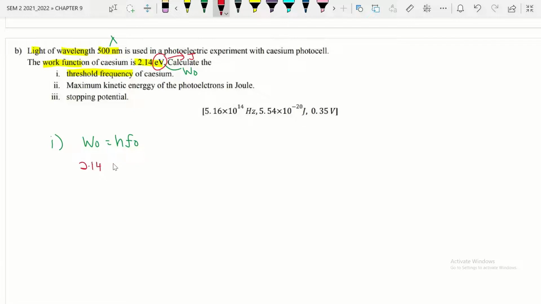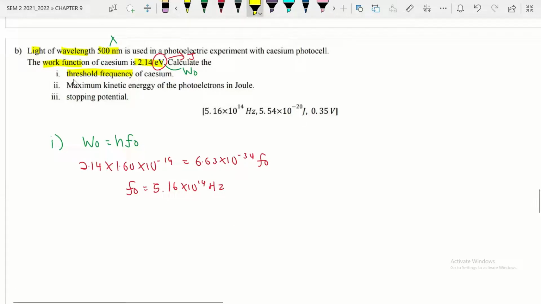So 2.14 times 1.6 times 10 to power of negative 19, and then kita punya H Planck constant adalah 6.63 times 10 to power of negative 34 darab dengan you punya threshold frequency. So you akan dapat you punya threshold frequency 5.16 times 10 to power of 14 Hz. Okay, that is for threshold frequency.